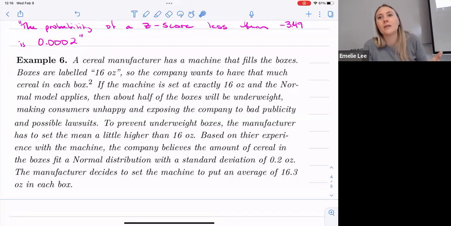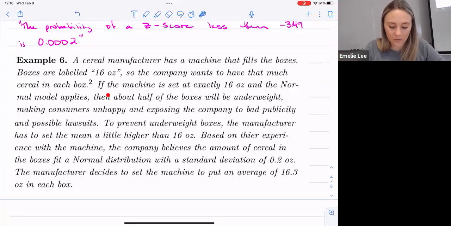A lot of these manufacturing processes are focused on making sure you're filling these boxes so that they're not underweight, but not overweight either, because then you'd lose money.